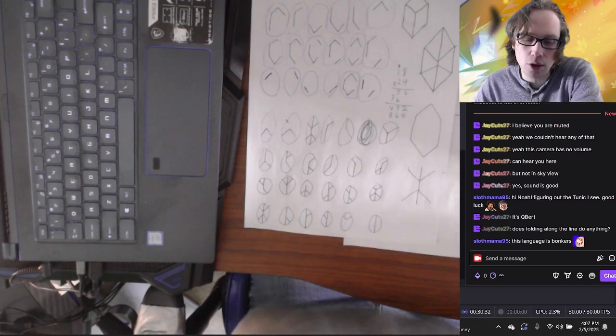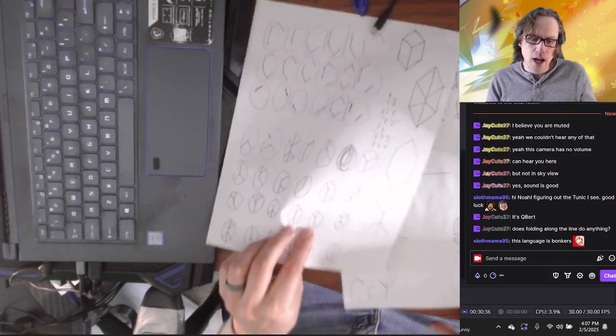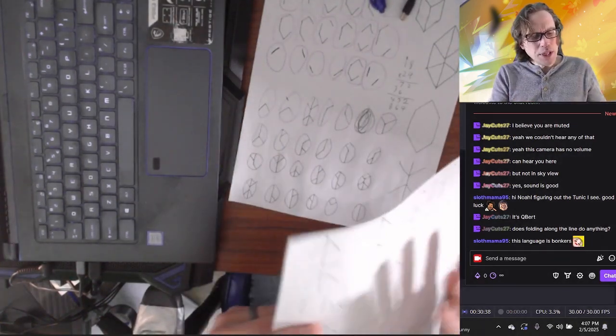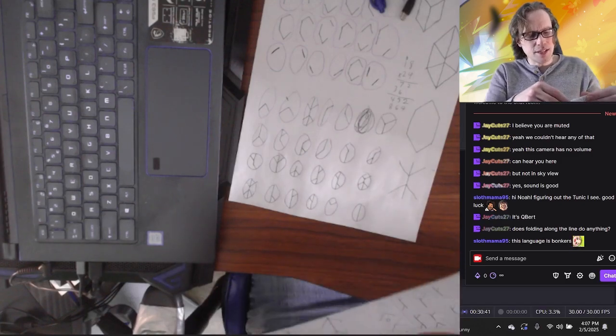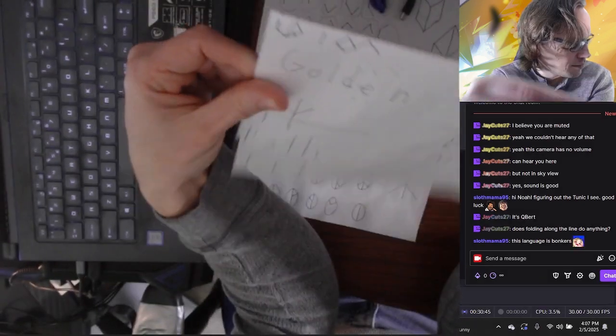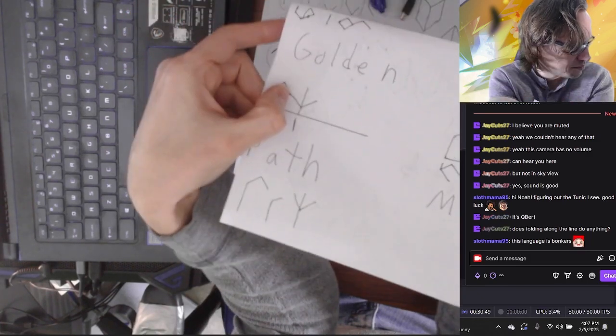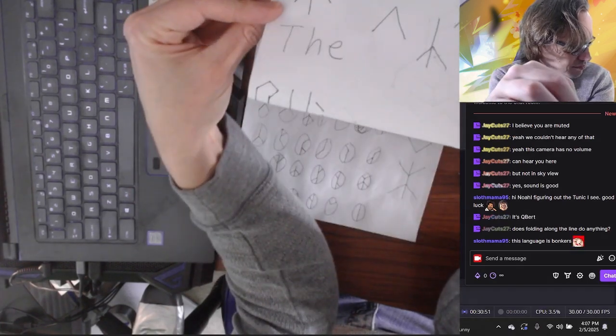Does folding along the line do anything? That's an interesting idea. My only thought about folding it like this is I can't do this in-game. Golden.